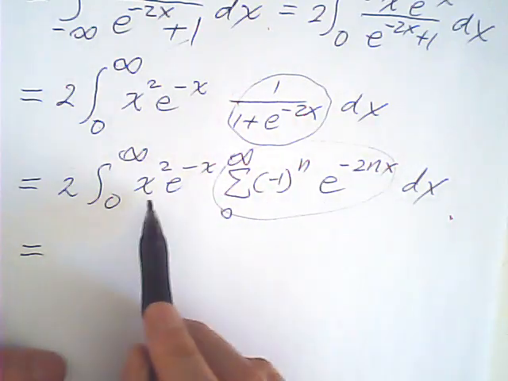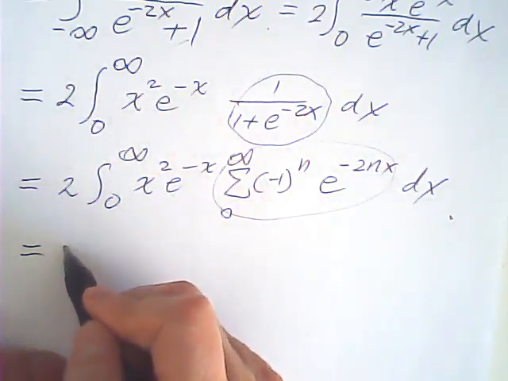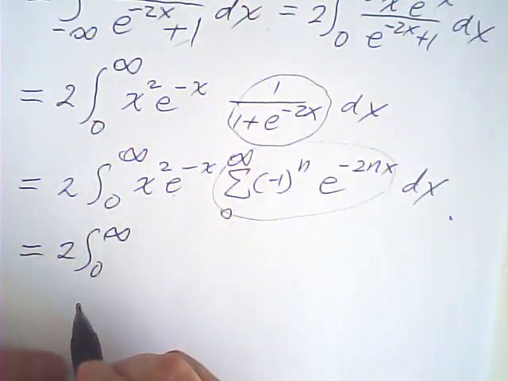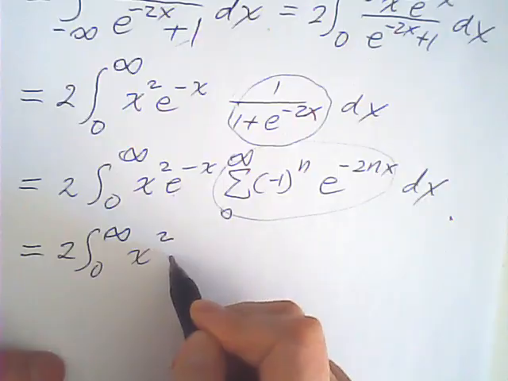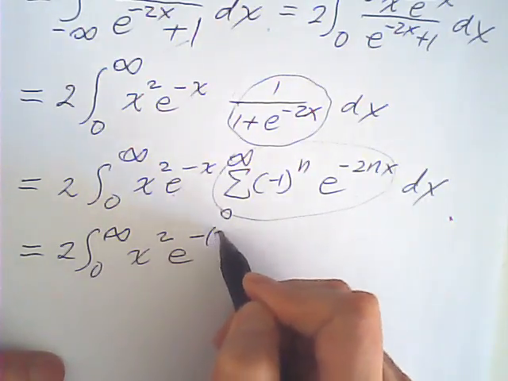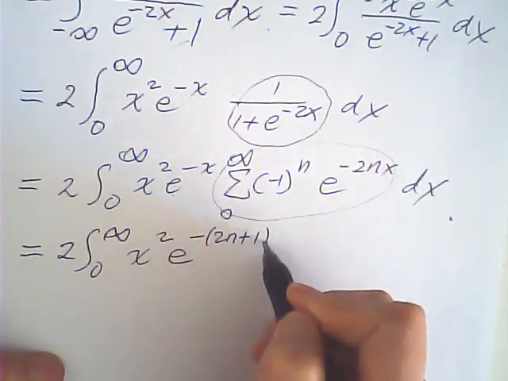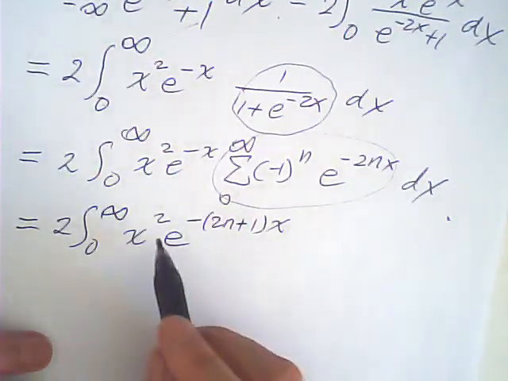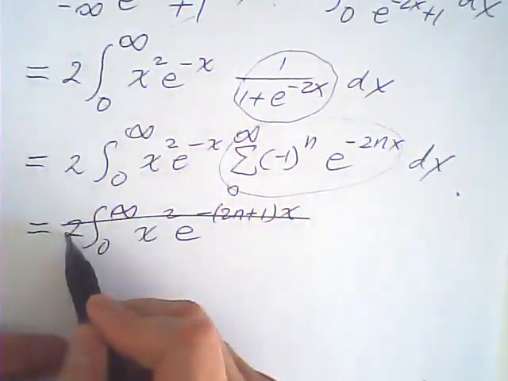Then this one and that one can be combined: x squared e to the negative 2n plus 1 x. I forgot the sigma notation.